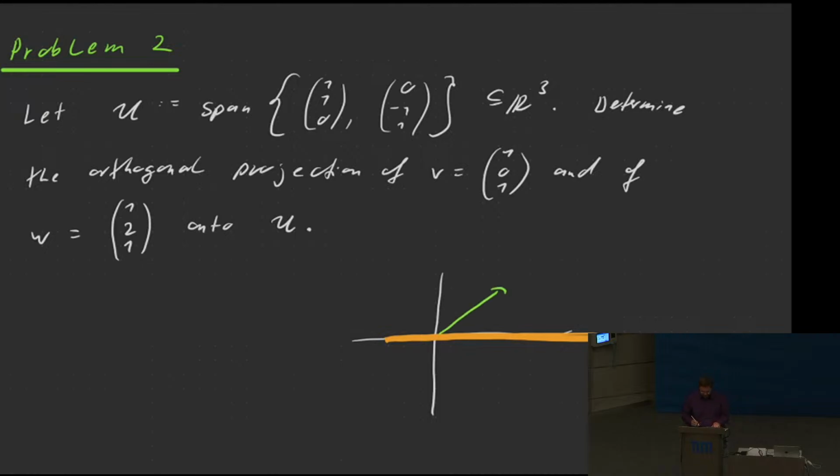What the projection then does is basically take a decomposition of that vector into one part that is orthogonal to U, one part that is inside of U. And let's call that one V here. And this red part, this is the orthogonal projection of V onto U. Right? And of course we can do the same thing if U is not one-dimensional, but, as in this case, two-dimensional.